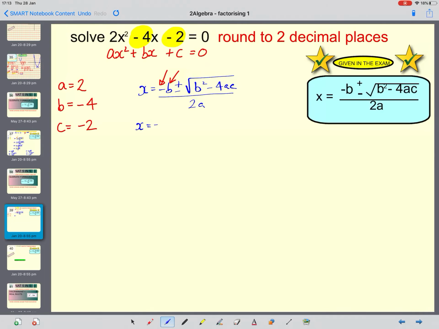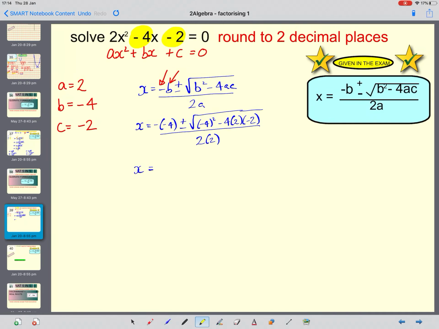So you're going to write negative 4 plus or minus the square root of negative 4 all squared, take away 4 times a, which is 2, and c, which is negative 2, all divided by 2a, and a is 2, so 2 times 2.